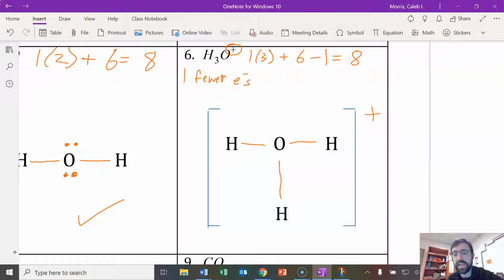So I've used 6, that leaves 2 left over, and the leftovers always go on the central atom. So now we just check to see if everyone's happy. We already decided the outsiders, hydrogen is happy. So let's look at oxygen. I have 1, 2, 3, 4, 5, 6, 7, 8. It's happy, and we've used all of our electrons, so we're done.